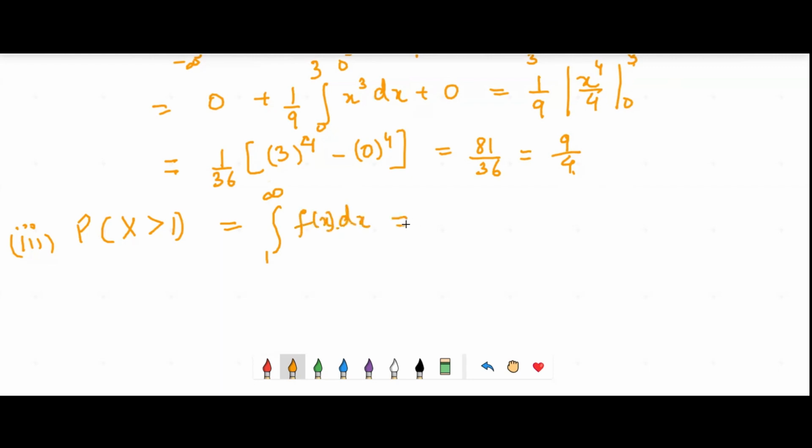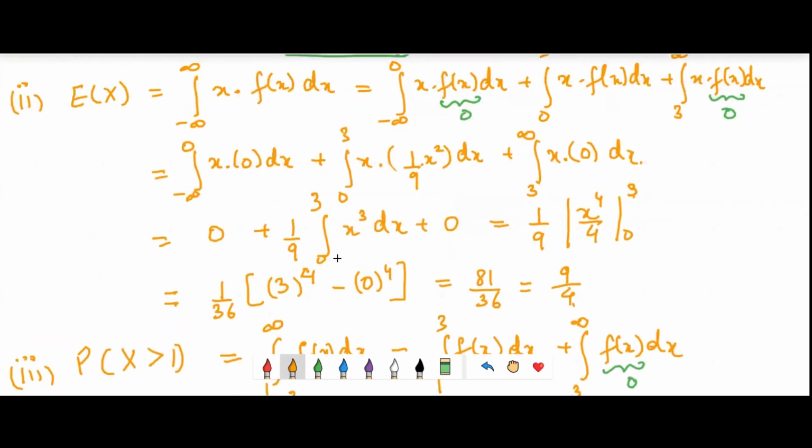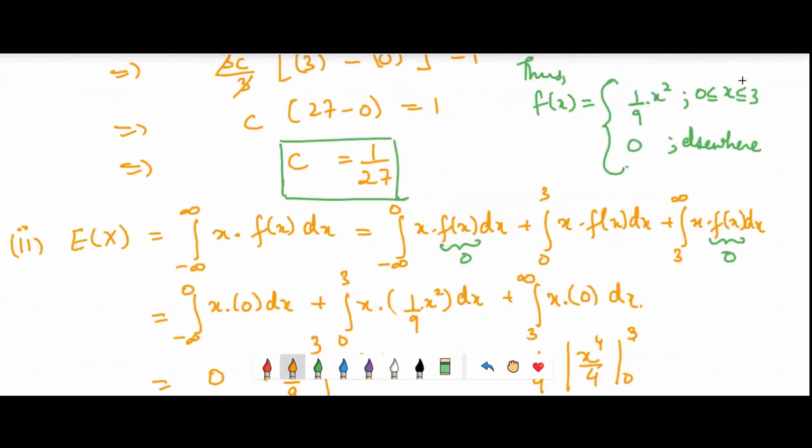Again, because we are talking about 1 to infinity, 3 is still there, so we'll be splitting the interval. And your fx is 0. So substitute the values, writing the value of fx which I have calculated here.